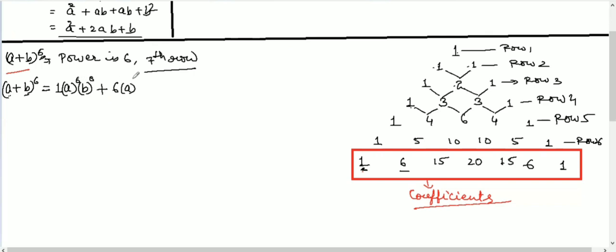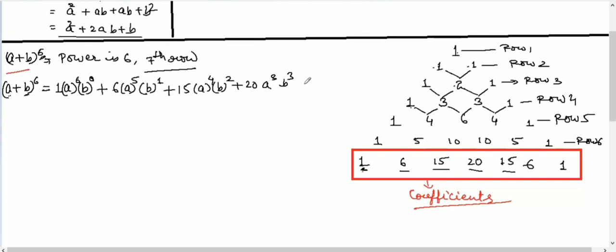So 6 will become 5, and multiply by the second term, b, and the power will increase by 1 each time. So 0 will become 1, and this is the process. The next coefficient is 15, a to the power 4, b to the power 2. The next coefficient is 20, a to the power 3, b to the power 3.